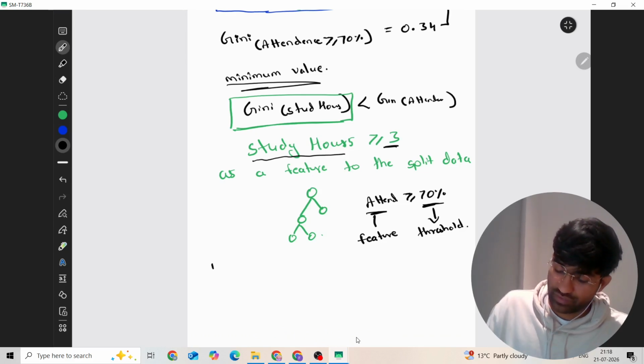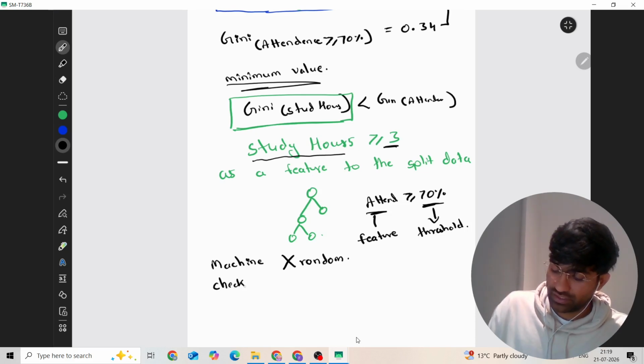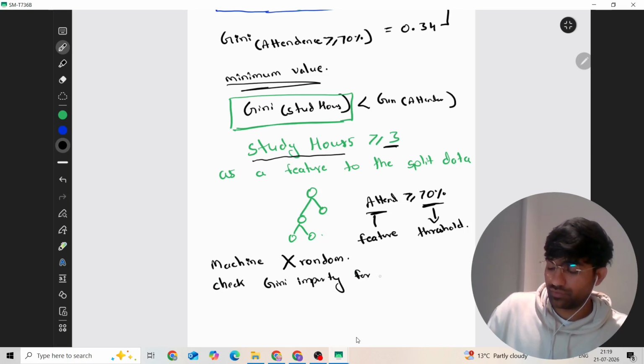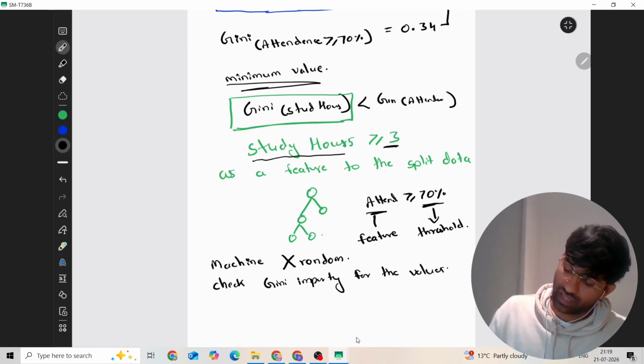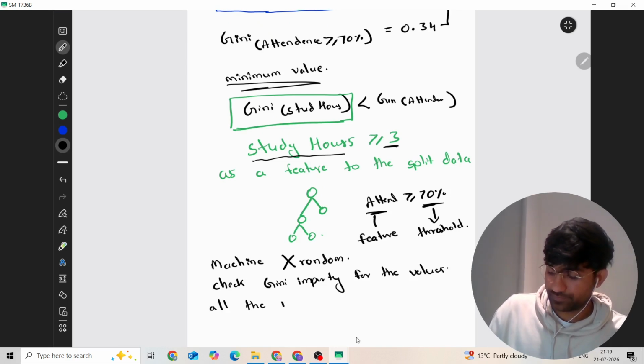But the machine will not make a random selection. It will check the Gini impurity for all the features with different thresholds.